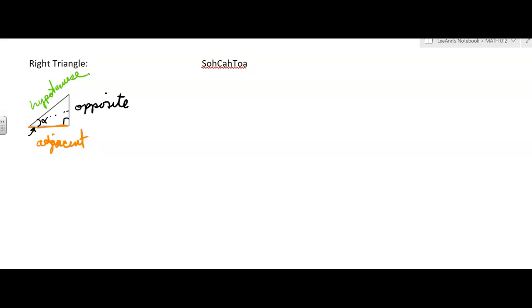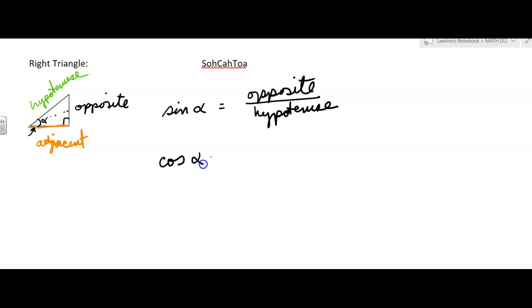Okay. So now for our angle here, the sine of alpha is equal to opposite over hypotenuse. The cosine of alpha is equal to adjacent over hypotenuse.